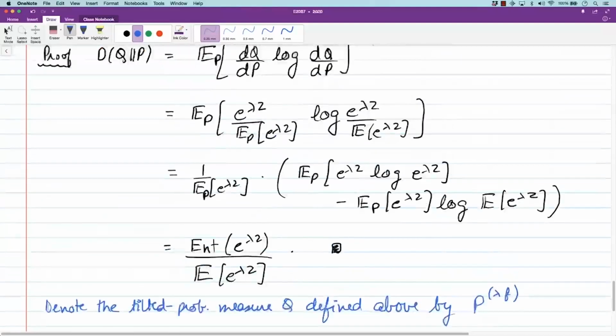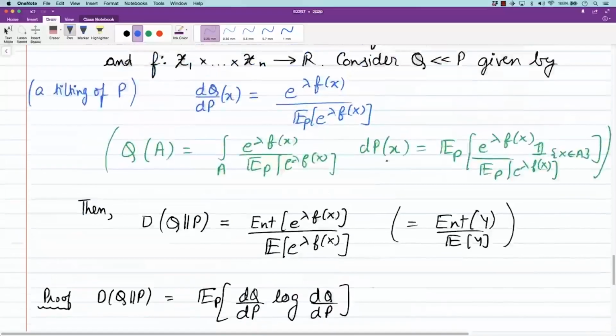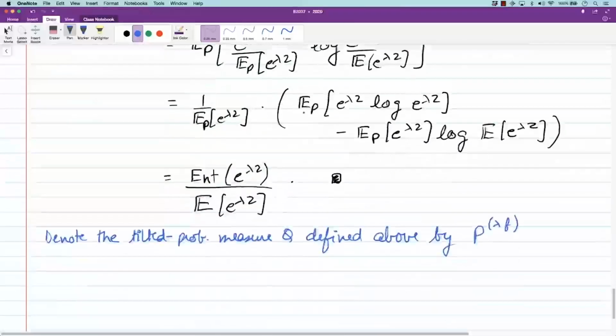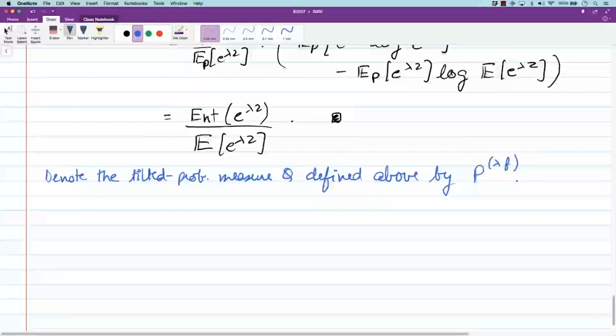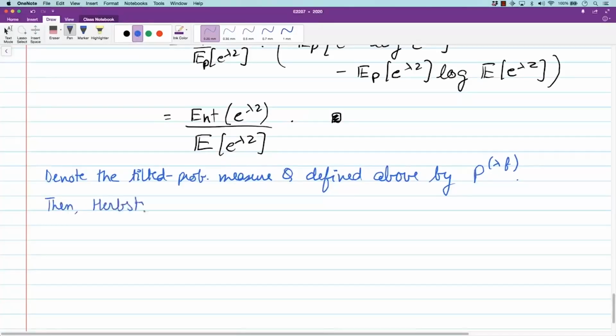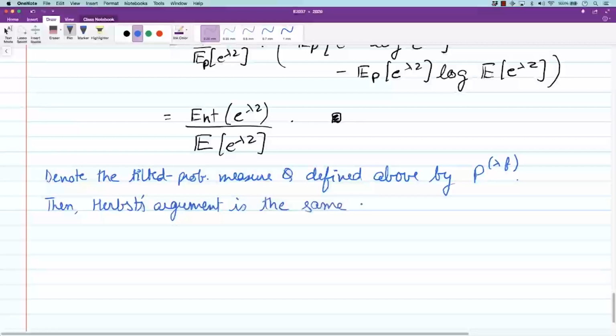So you can take any function here, and this tilting is defined as just taking this density e to the power lambda f(x) by the expected value of that. Okay, so if you denote it this way, then Herbst's argument is the same as the following.